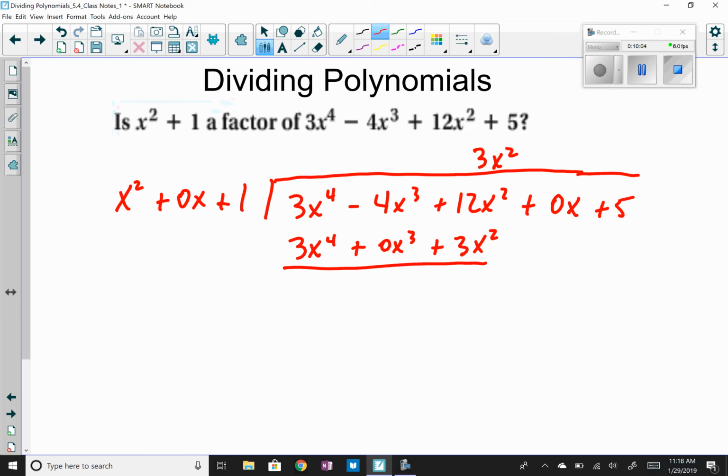Okay, we're ready to change the signs and then take a remainder. So this becomes negative, negative, they all become negative. Okay, 3x to the fourth, so eliminate one another. Negative 4x cubed minus 0x cubed is going to give us a negative 4x cubed.